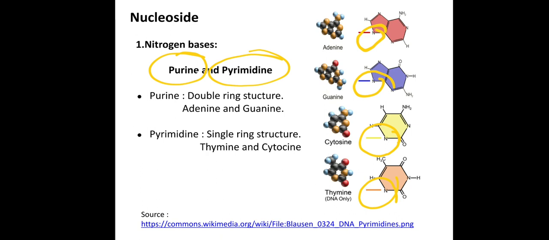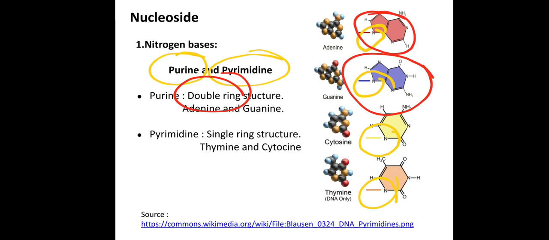There are two classes of nitrogenous bases, and this classification is based on the structure, or the number of rings they contain. In purines, there is a double-ringed structure. See here, they have two rings.